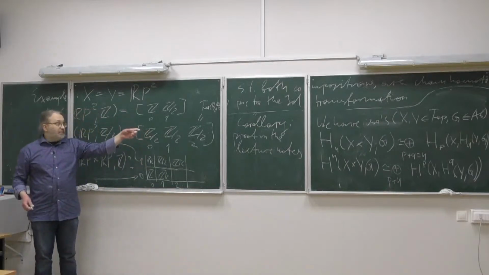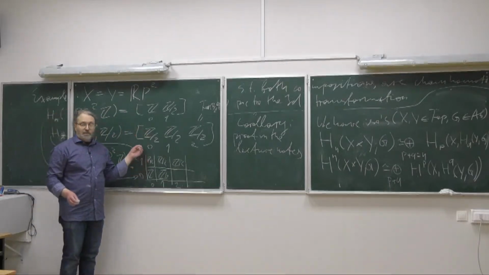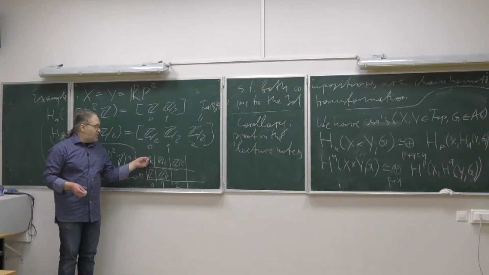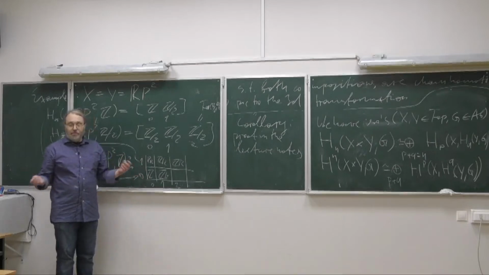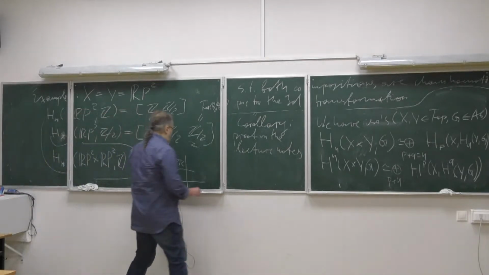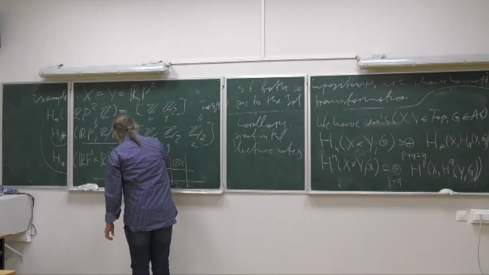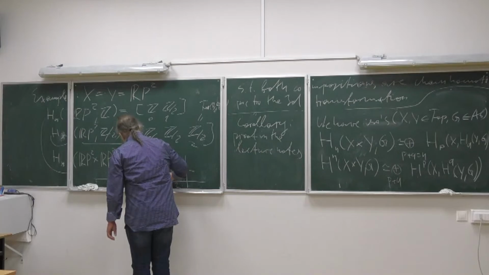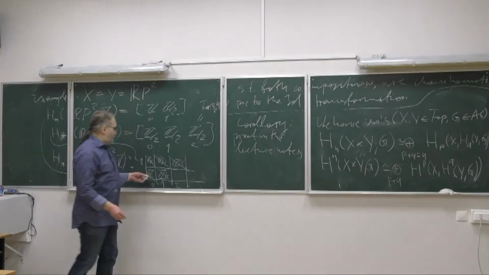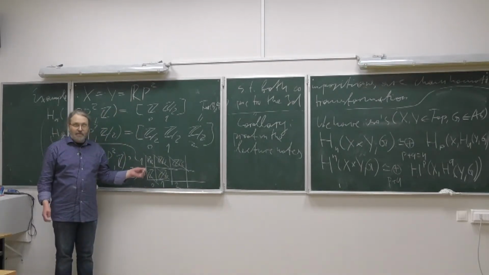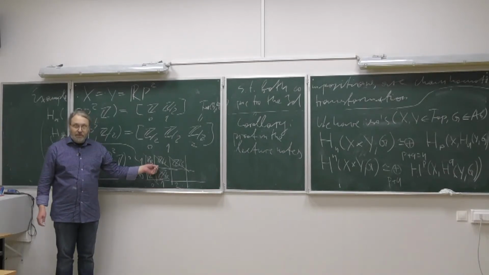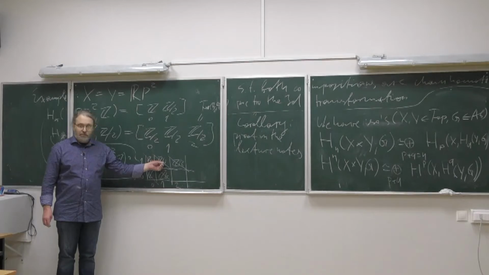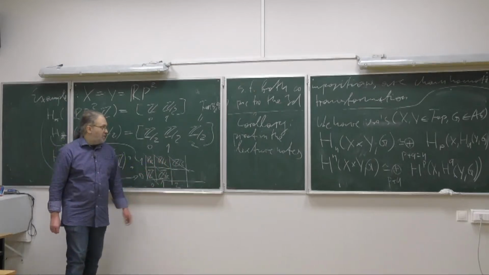Now, to apply the formula, I just take the sum of all the groups which occur in the diagonal p plus q equal m. So I have 4 diagonals. I have the diagonal p plus q equals 0, then p plus q equal 1, p plus q equal 2, p plus q equal 3.